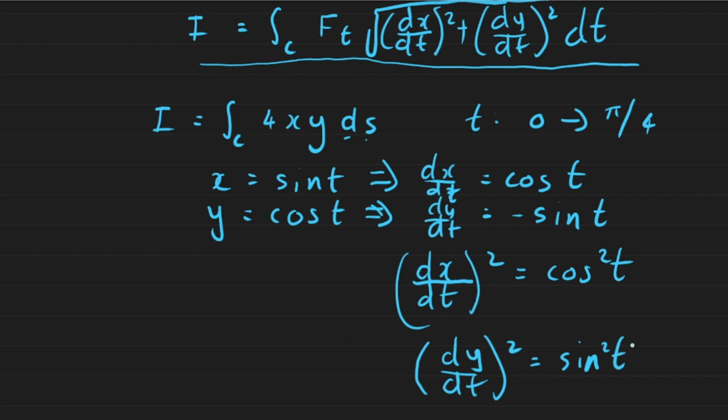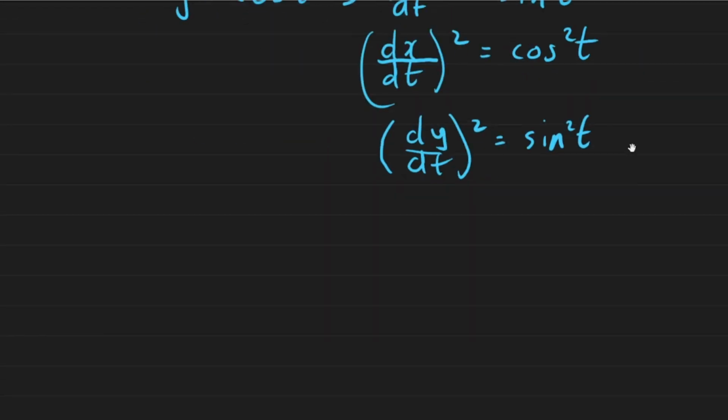Of course, the equation requires us to add both of them and take the square root. So cos squared t plus sine squared t is simply going to give us 1 through the trigonometric identity.